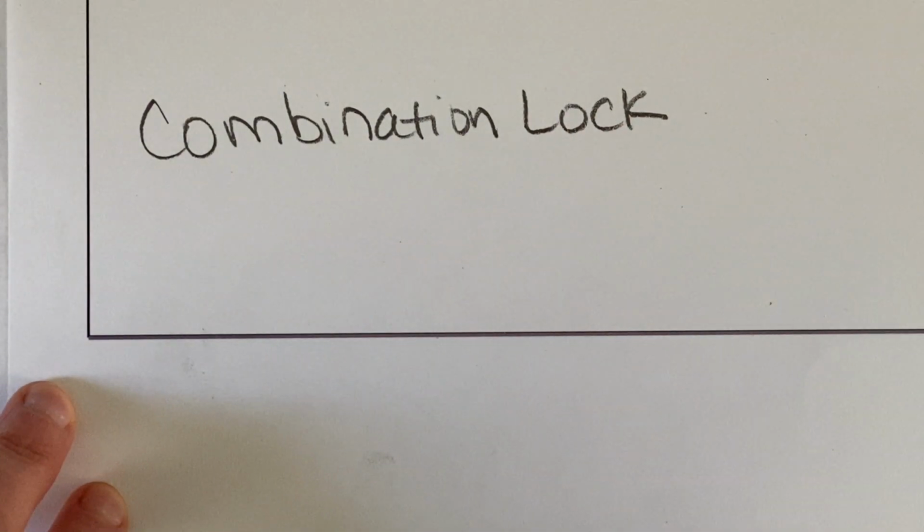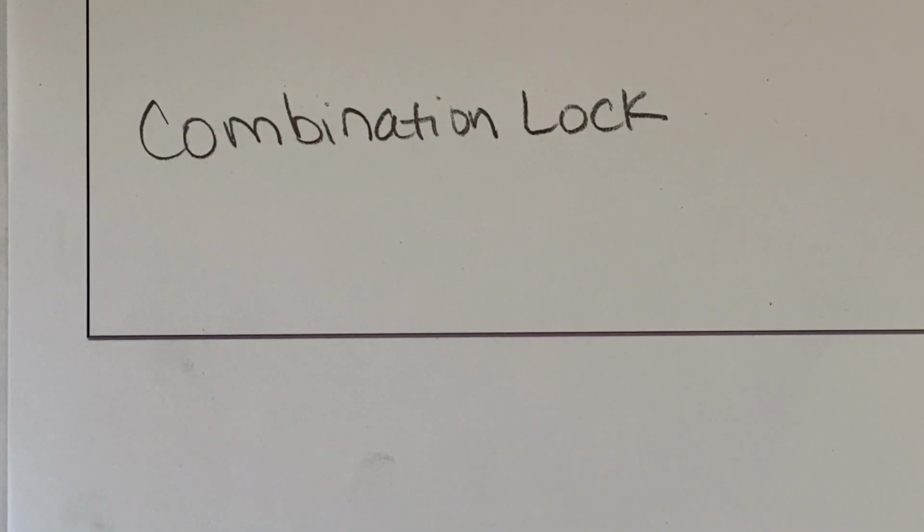But on your combination lock, the order does matter. Your combination lock shouldn't be called that. It should be called a permutation lock. I really have no idea how people started calling it a combination lock.